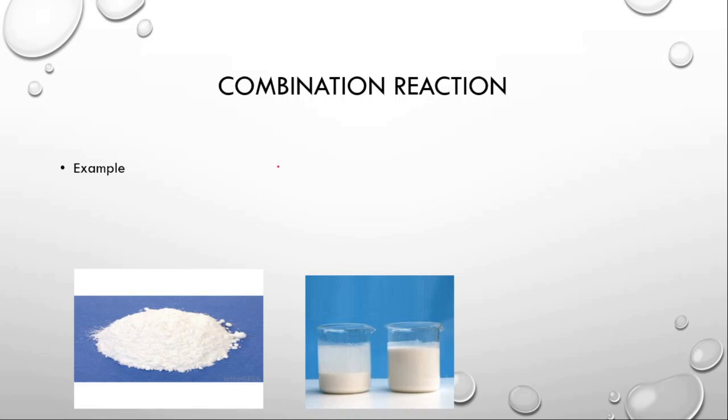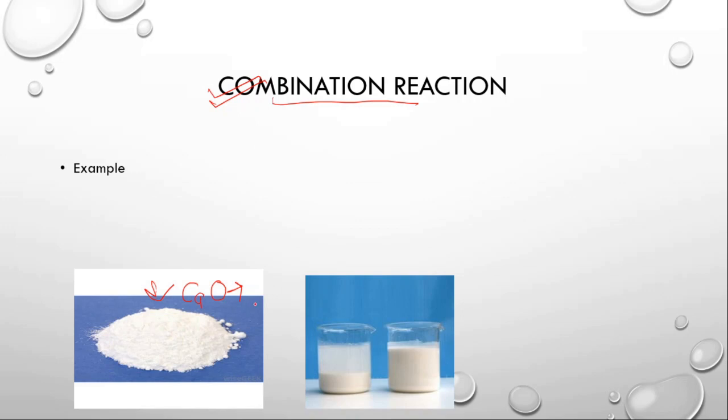So next is the combination reaction. Before jumping directly into the definition of this term, we'll just see what is happening over here. Okay, this is calcium oxide, which is also known as quicklime.